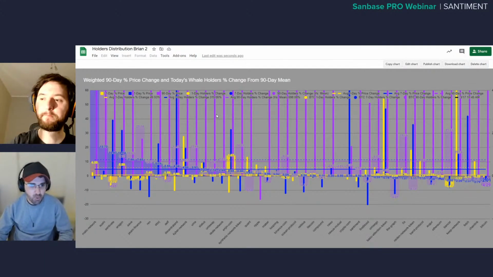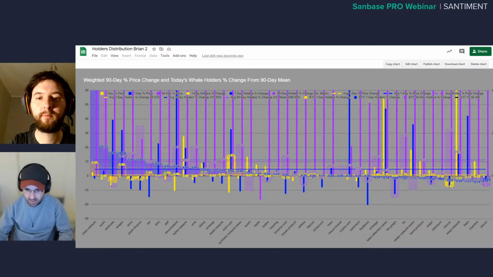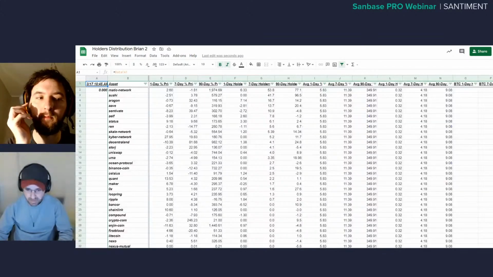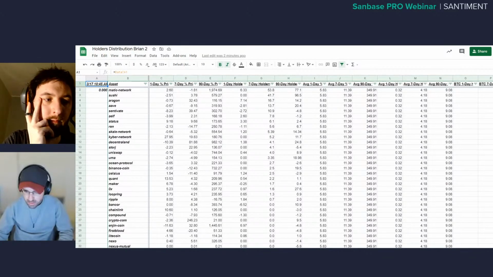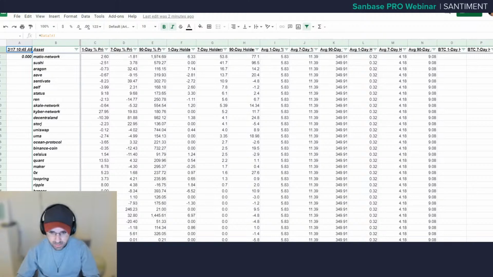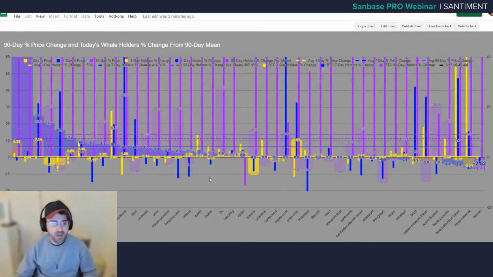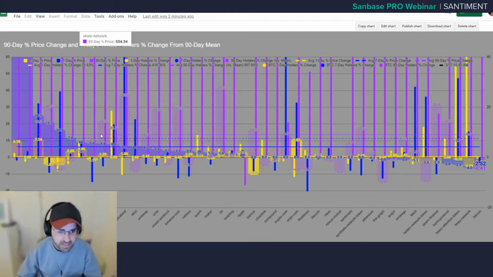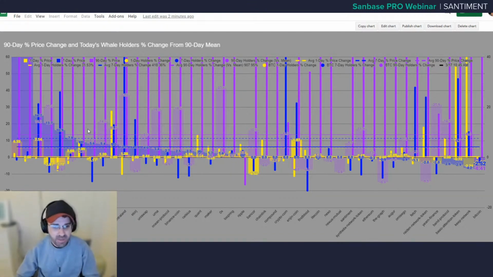Okay, so what we're looking at here, guys, I'll actually switch to the simplified version for now. Infographic. There it is. So what we're seeing here is the 1 day, 7 day, and 90-day percent change in what we deem whales for each respective asset here.